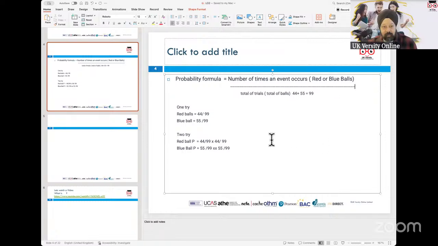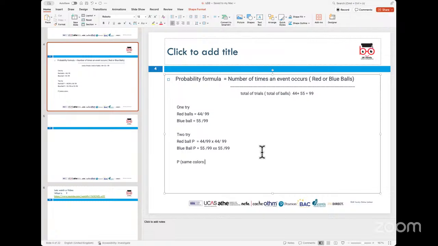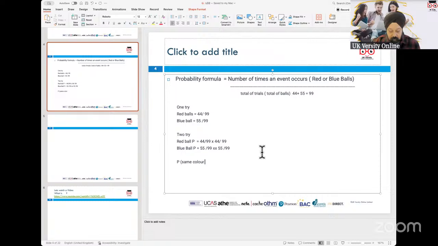So now it says find out the probability of Rahim picking out the same color balls. So here we will look at that formula, and if we were to look at P, which is blue, then what we are going to do is P of 2 reds plus P of 2 blues.